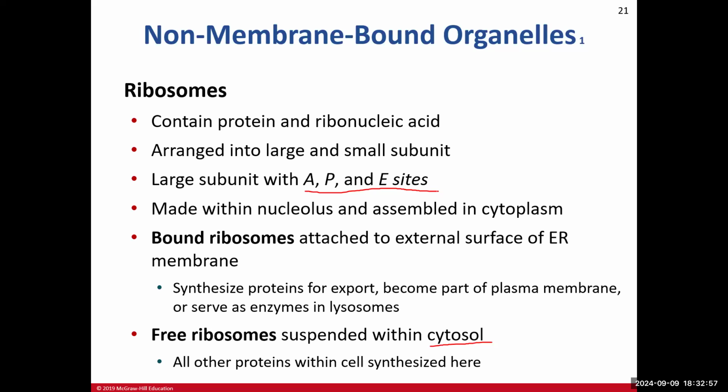These two subunits will come together. So here's the small subunit, here's the large subunit. Between these two subunits, we'll start to add amino acids to this structure, and you're going to start creating a protein that's going to come right out the other side. That's all you really need to know for this.